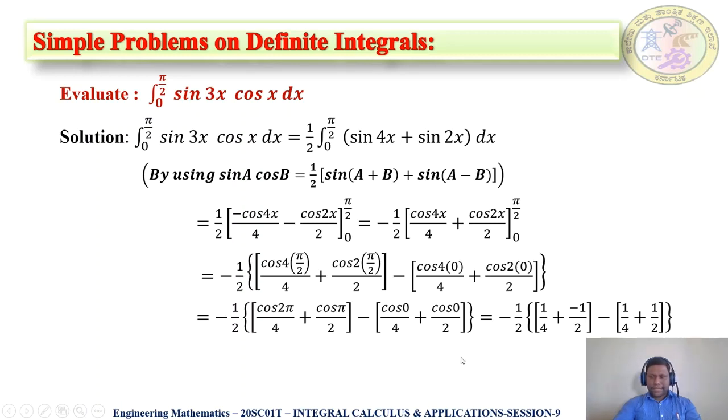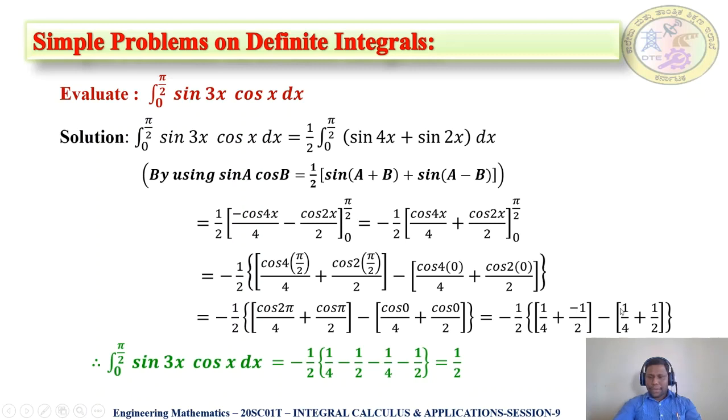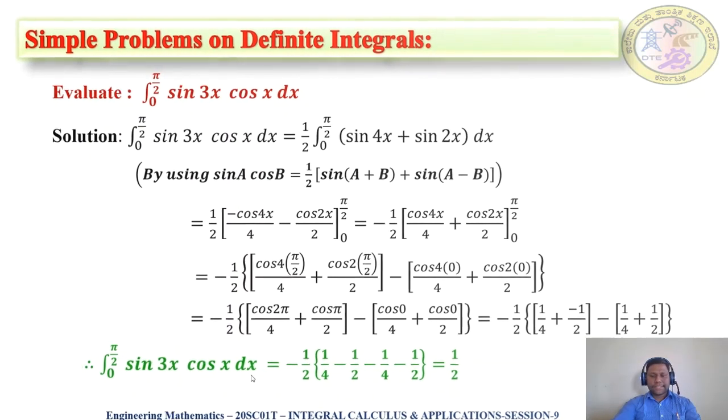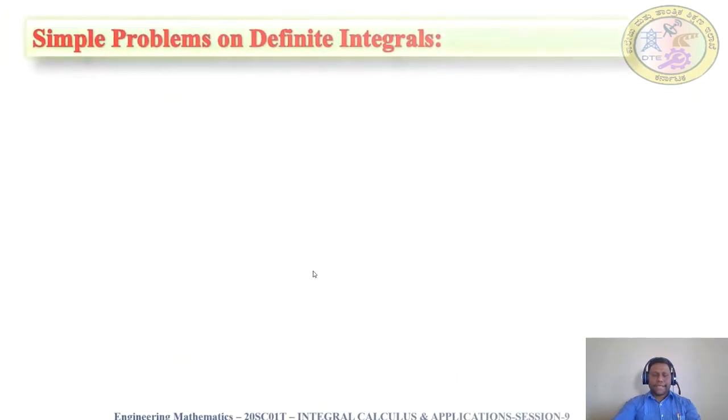So if we simplify this, we get 1 by 4 minus 1 by 2 minus 1 by 4 minus 1 by 2; minus 1 by 4 plus 1 by 4 cancels. Then minus 1 by 2 minus 1 by 2 becomes minus 1, and minus into minus 1 into 1 by 2 is plus 1 by 2. Therefore, the integration from 0 to pi by 2 of sin 3x cos x dx is 1 by 2.